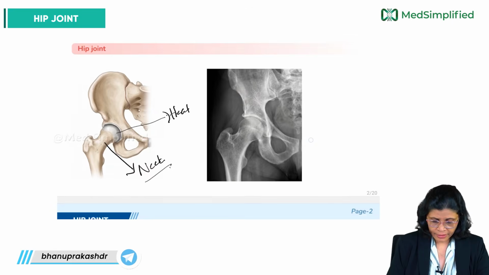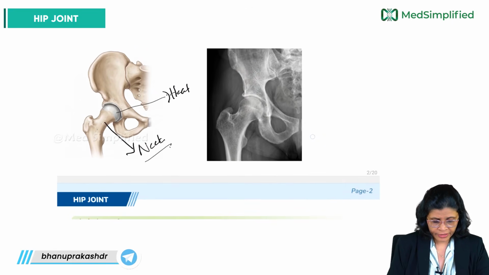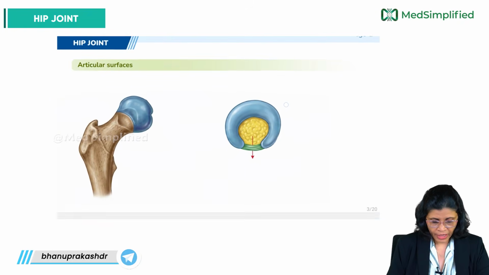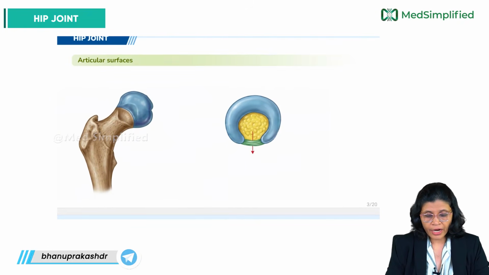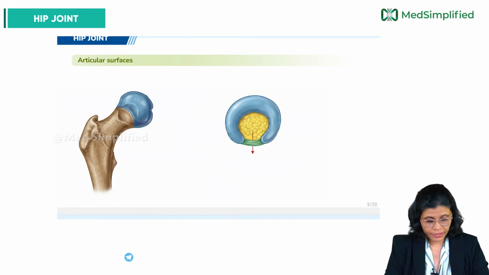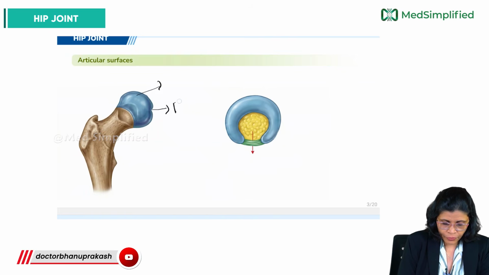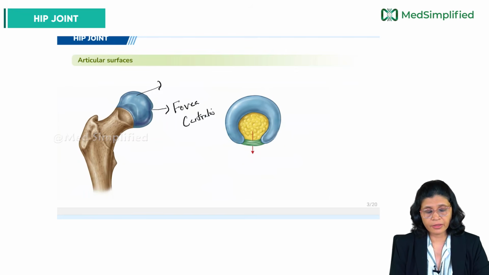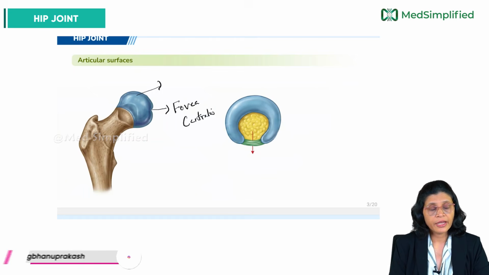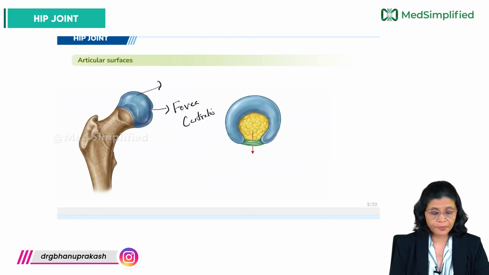Now let's see the articular surfaces. Whenever we say a joint, we have to know the articular surfaces. The articular surface of the hip joint is formed by the head of the femur, the entire head except for one portion. This is known as the fovea centralis, where the ligamentum teres, or the ligament of the head of the femur, is attached.